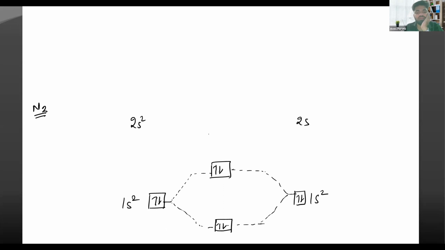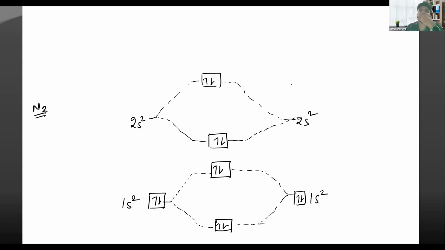Then again we have the N2 electronic configuration 2p3. Since the electrons are less than 14, they are 2p3.